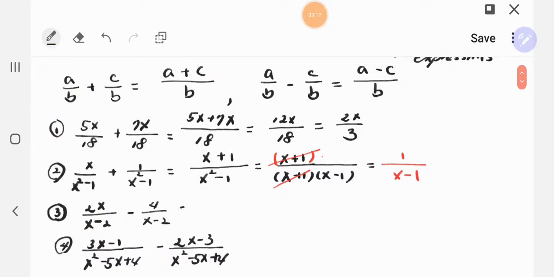The third example, still the denominators are the same. x minus 2 is the denominator. Since the denominators are the same, subtract the numerators, 2x minus 4. Then from the numerator, factor out 2, because we always have to simplify the fraction.